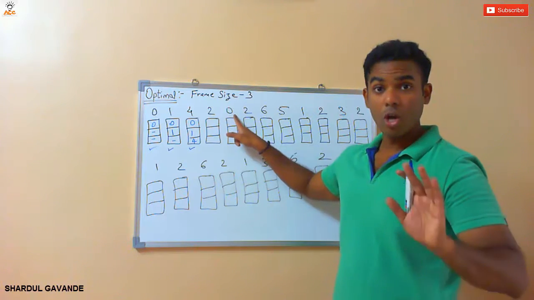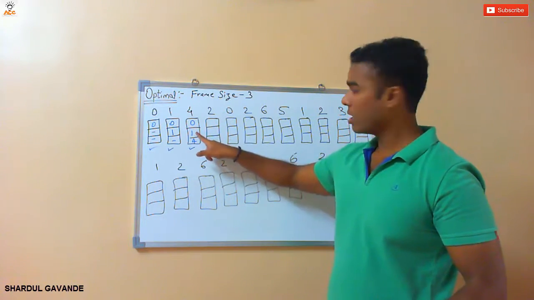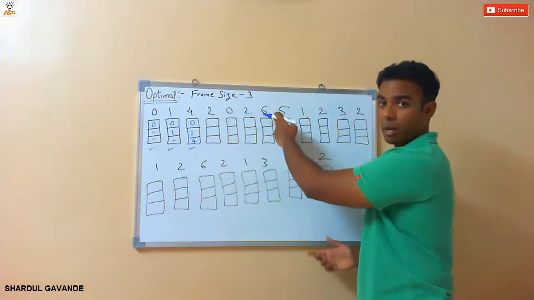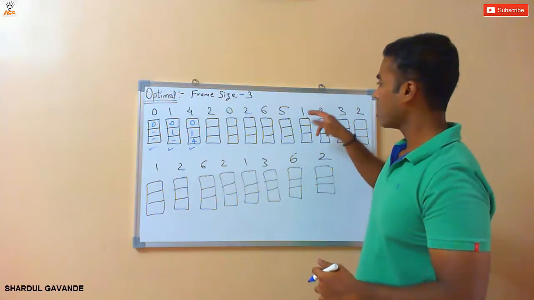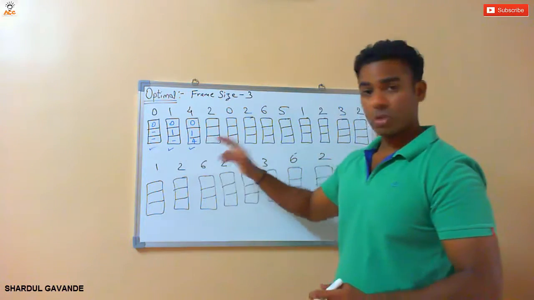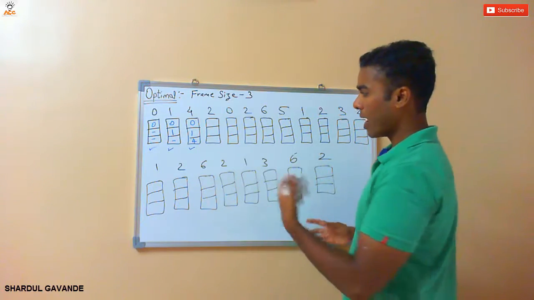Yes, there is a 0, so we will not replace 0. Then do we require 1? Yes, not in the next 4 subsequent numbers, but further ahead we will require 1. So let's not replace 1. Number 4, do we require it anywhere over here? No. So let's replace number 4.